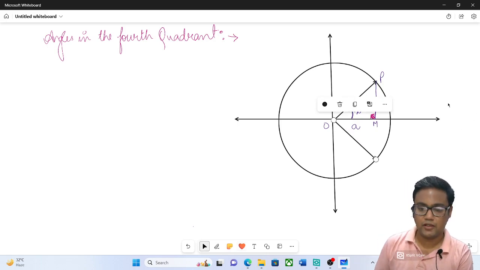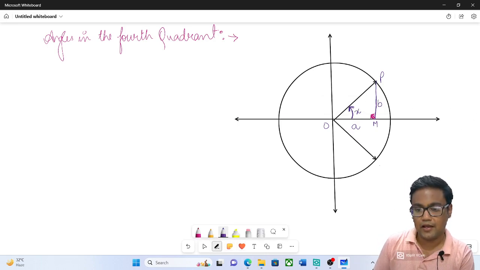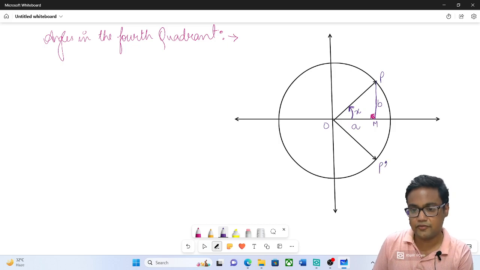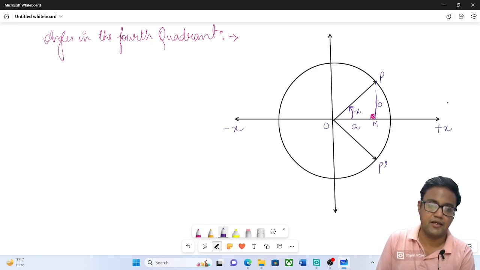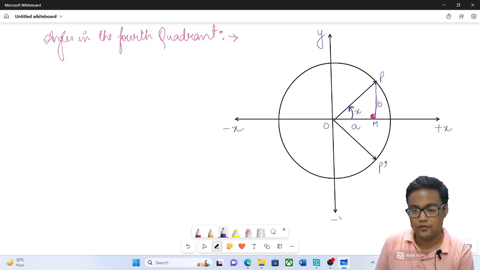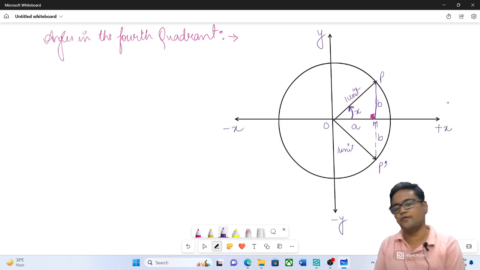Actually what happens is, children, I have taken a point P dash which is just the mirror image of point P, and the positive direction of the x-axis is acting as the mirror to the point P. Now this is your triangle here. If that was B, this is B. If this is A, this remains A. This was 1 unit, it was a unit circle, so this is also 1 unit. These are radii, both of them.